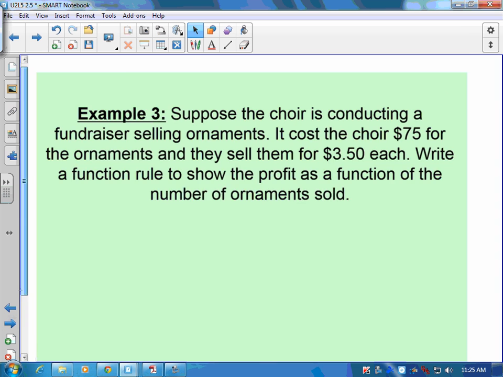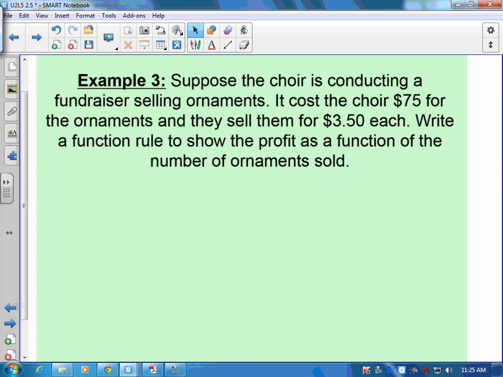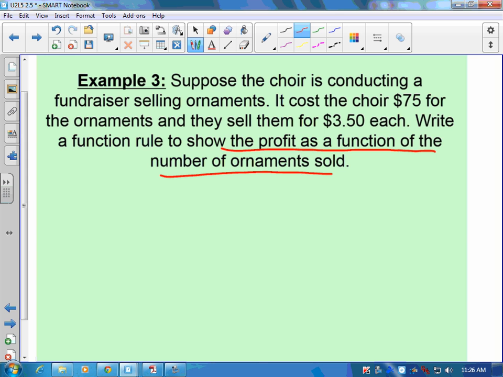All right, example 3. We're selling some ornaments. And we need to write a function to show the profit as a function of the number of ornaments sold. So I got to name my variables. I have 2 different things I'm talking about. I have to name these variables. What should the first variable be, and what should that represent in this problem? Seth?